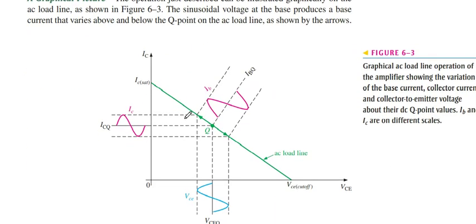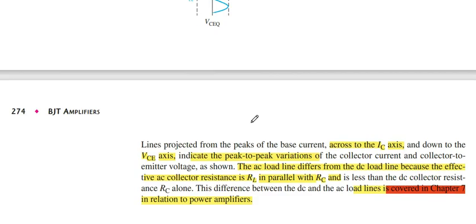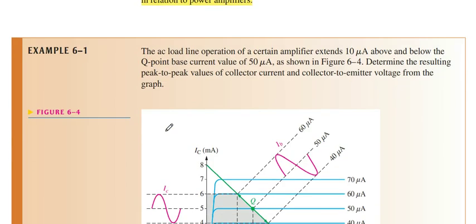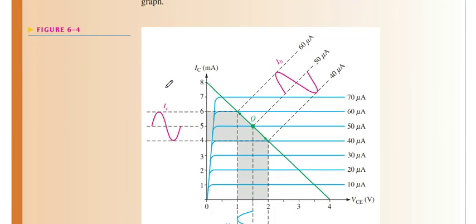Then IC increases as this load line shows, and VCE also increases and decreases but with 180 degree phase. So the Q point tells us what happens on the load line of the amplifier when IB increases and then decreases. We discuss it in the next chapter.